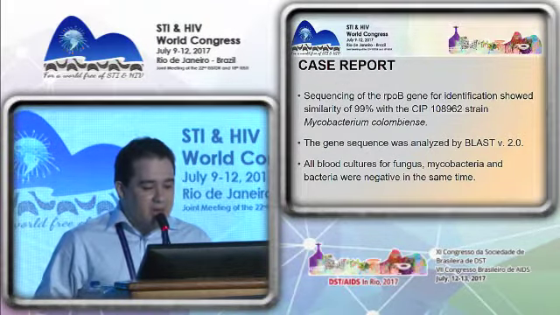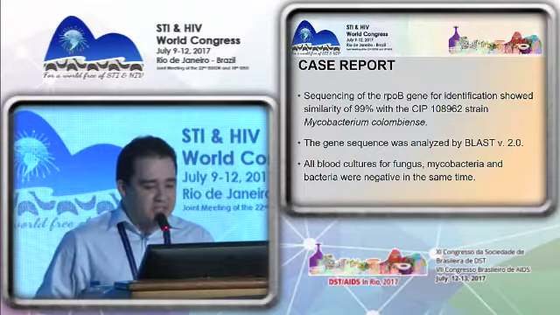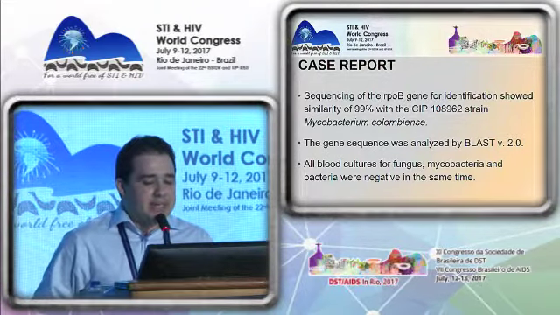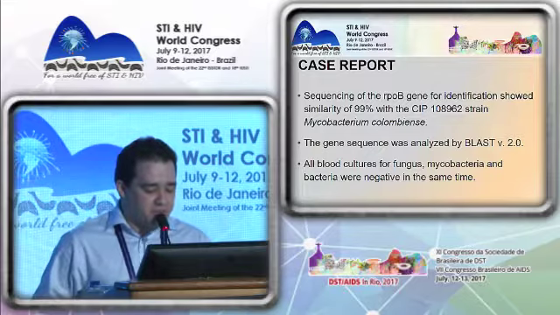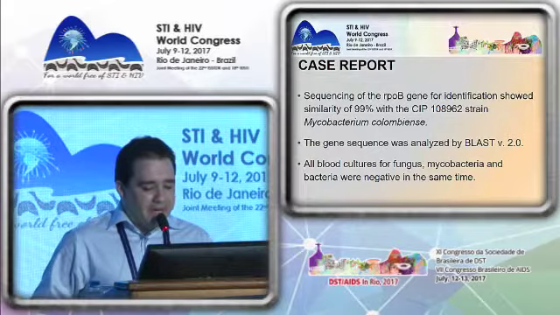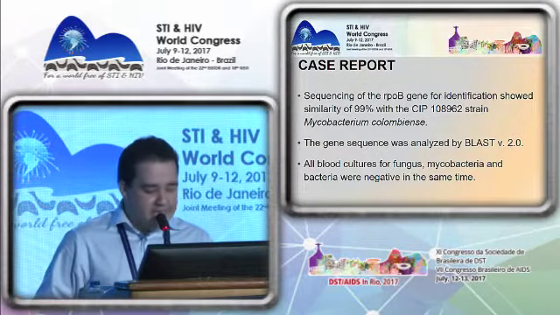Sequencing of the RPOB gene for identification showed similarity of 99% with the CIP 108962 strain of Mycobacterium colombiensis. The gene sequence was analyzed by BLAST version 2.0. All blood cultures for fungus, Mycobacteria, and bacteria were negative at the same time.